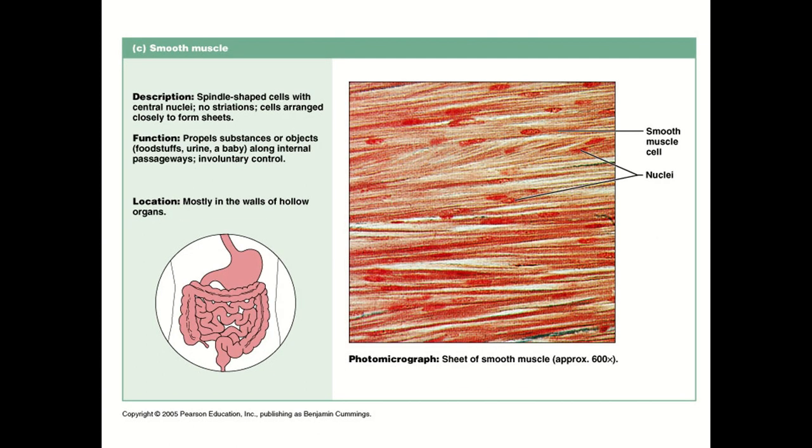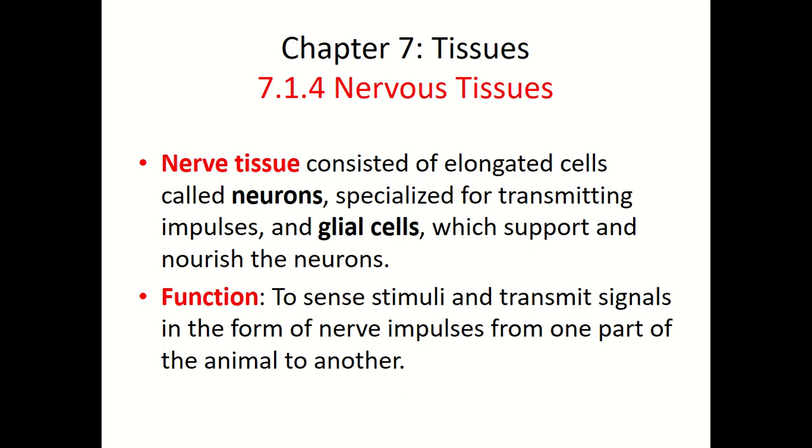Smooth muscle helps to propel substances or objects along the internal passageways, such as your intestine and also your esophagus. Okay, so it is of course involuntary control. The location is mostly the walls of hollow organs, such as your small intestine.